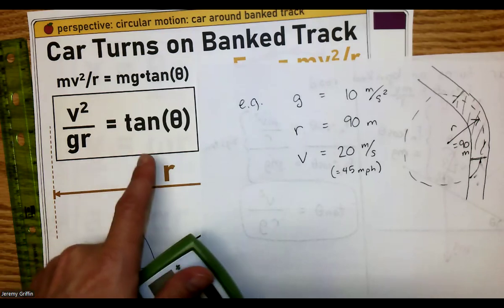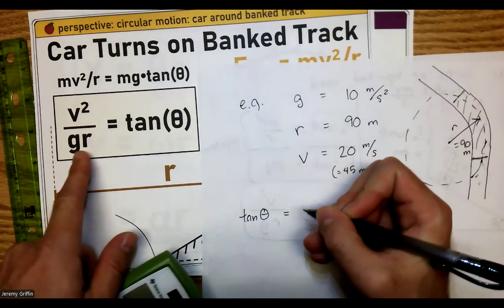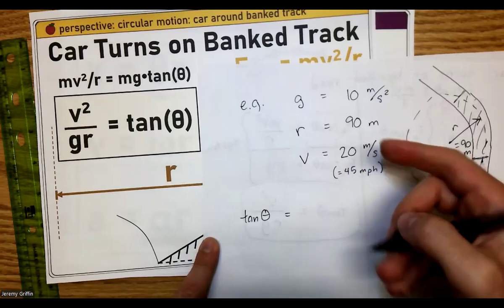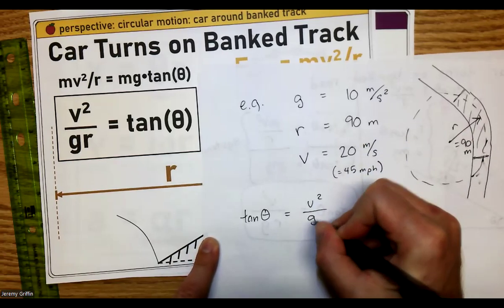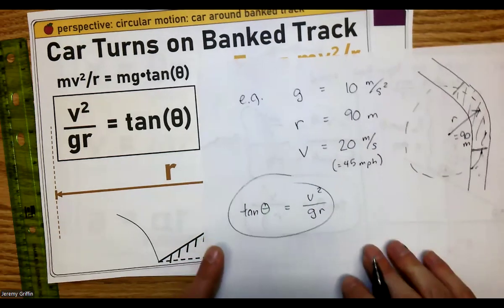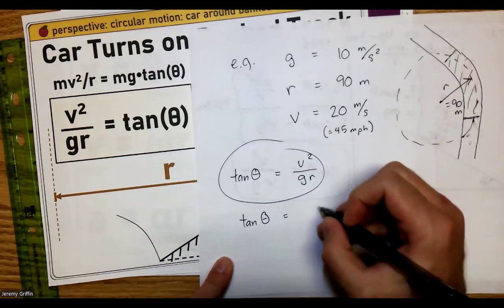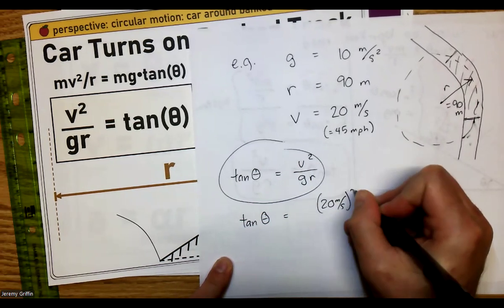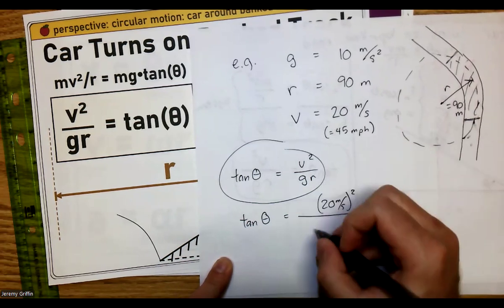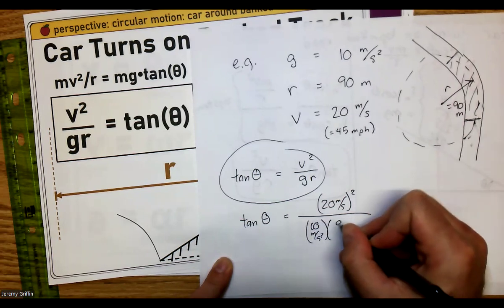So here, just start with this right here. Say tan theta equals v squared over g r. I'm using that as my formula. Let's get some numbers in here. Tan theta equals 20 meters per second, I'm going to square that, divided by 10 meters per second squared times 90 meters.